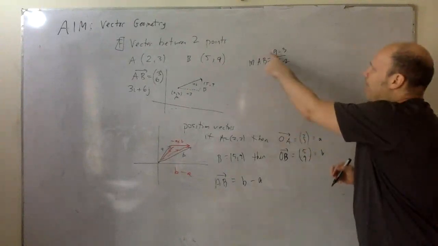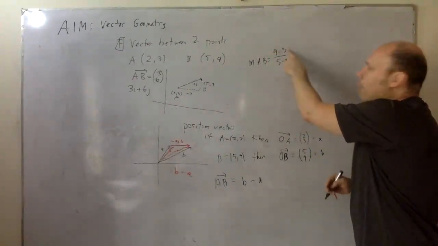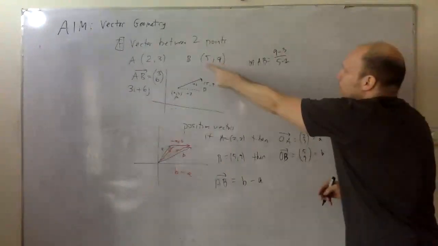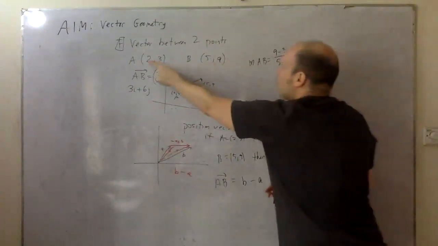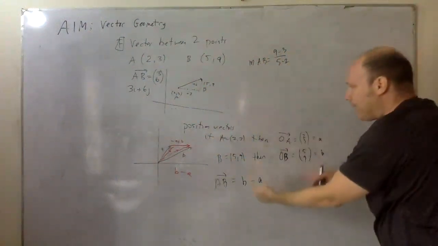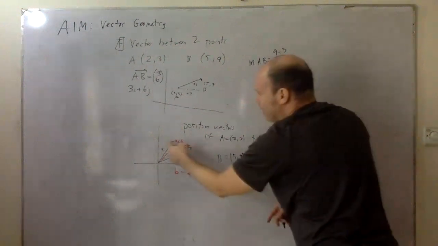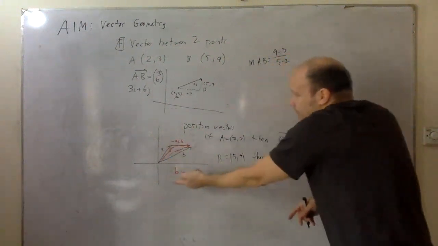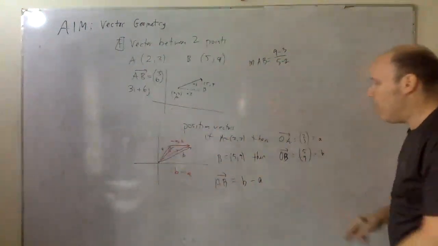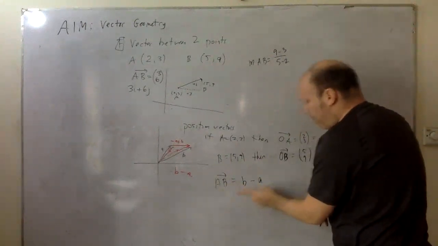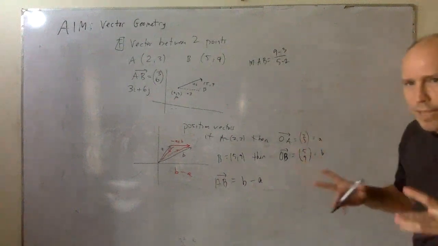We take BY minus AY over BX minus AX. That's all we're doing. So it's the same idea here. The final minus the initial. It all ties together. So AB is vector B minus vector A, and that's the idea.